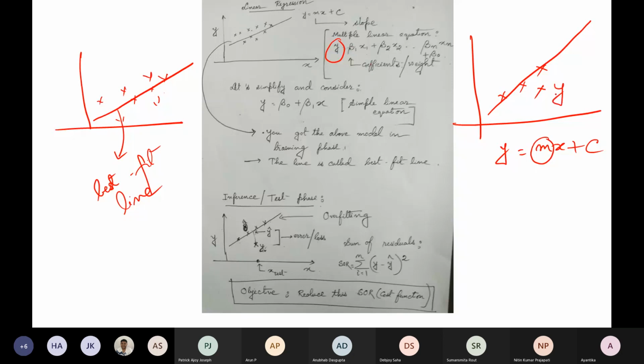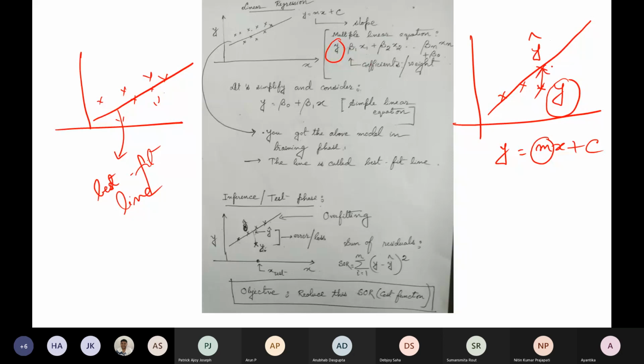So you can see there is a gap, for a particular x, between your test output and what you are supposed to have in your model line, this may be y hat. This is your model line. We are thinking about this linear line. So there is a gap.